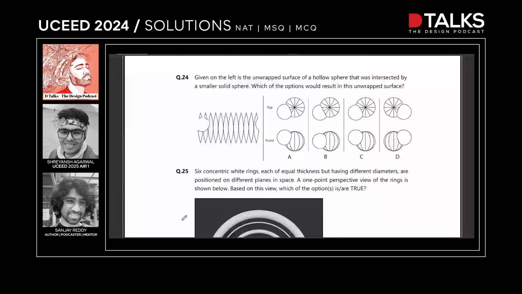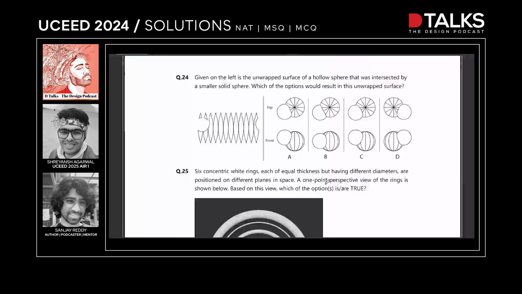Another painful question. Given on the left is the unwrapped surface of a hollow sphere that was intersected by a smaller solid sphere. Which of the options would result in this unwrapped surface?